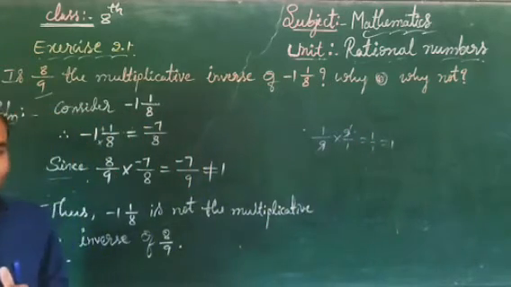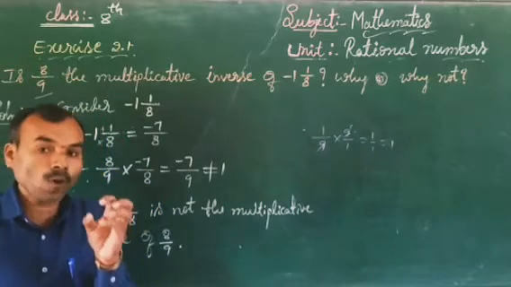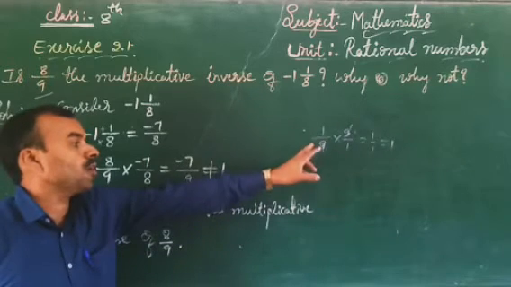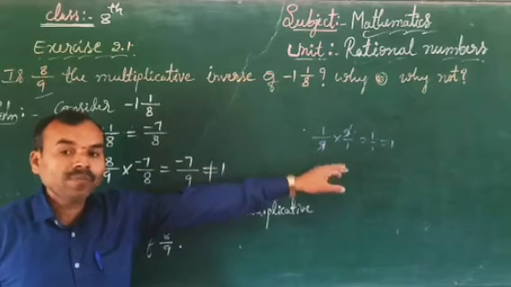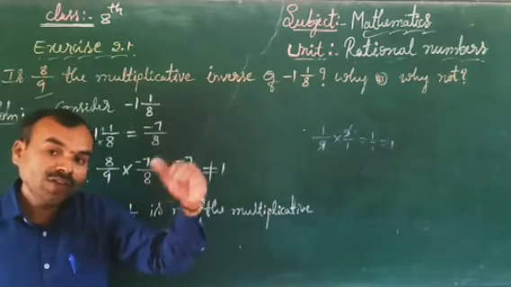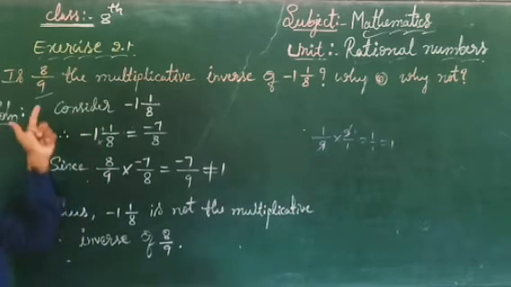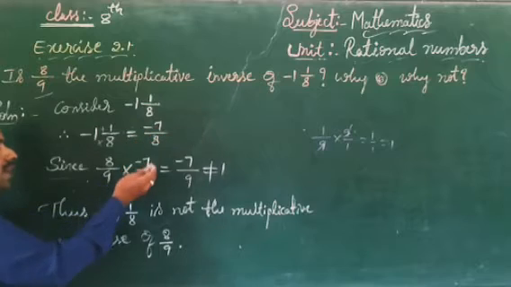If you consider a number and its reciprocal, the product is 1. The product of a number and its reciprocal should be 1, then only we call the reciprocal of that number its inverse.